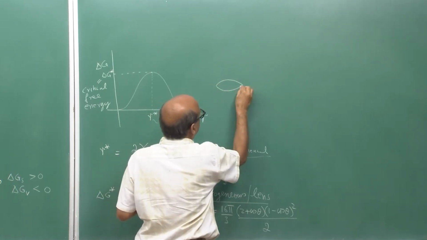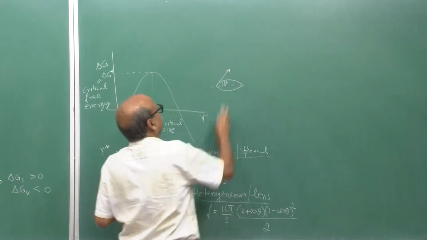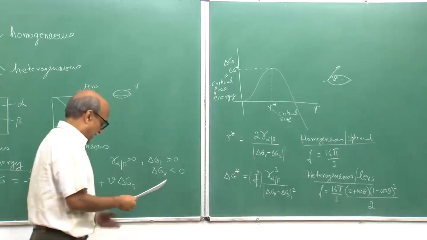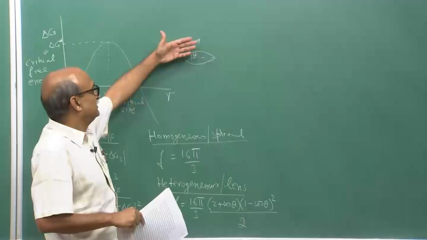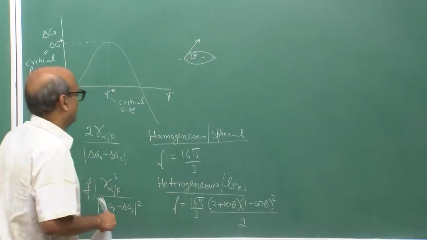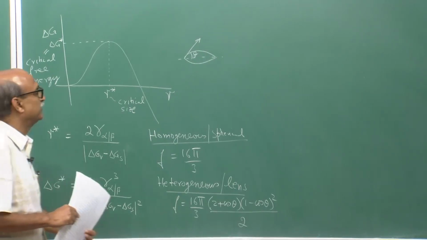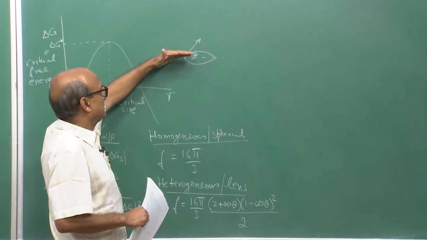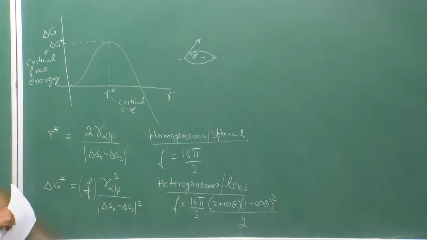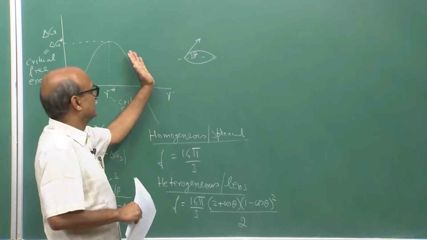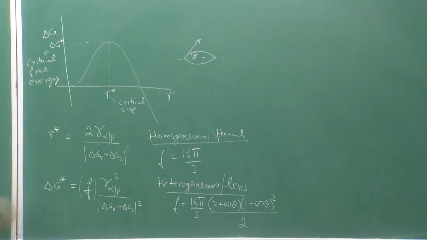So, in this case, for instance, this was the earlier grain boundary, this angle is theta, and what it means is that theta decides the wettability of beta on alpha. So, if theta is 0 degrees, beta completely wets the substrate. If theta is 180 degrees, it does not wet the surface at all.